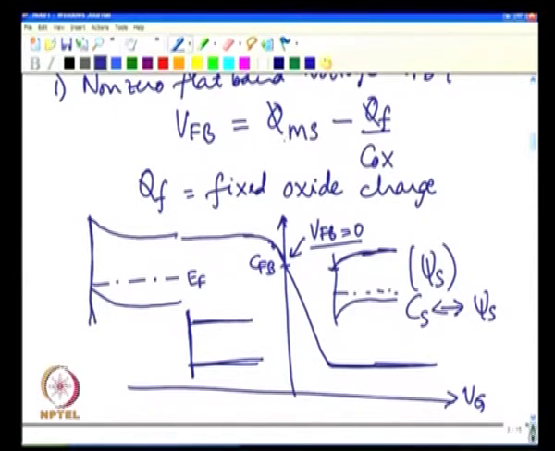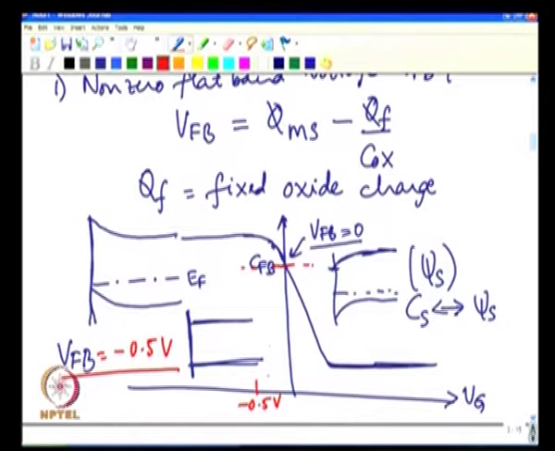So, if you have a non-zero phi ms, it will give a non-zero VFB, and similarly if you have a fixed charge, it will give a non-zero VFB. All it will do is translate the CV curve along the gate voltage axis. If my VFB, let us say, is minus 0.5 volt, it means that in order to get the CFB value, I need to go to minus 0.5 volt.